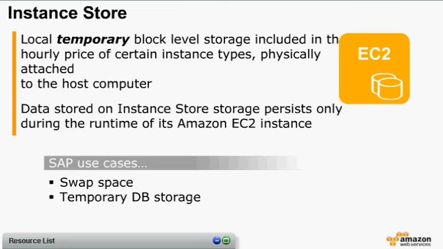So while this is actually really good for high-performance computing and other workloads such as EMR, it could become a problem if you stored your SAP database on the local instance store. So we recommend for SAP use cases that you potentially use it for swap space or temporary database storage.